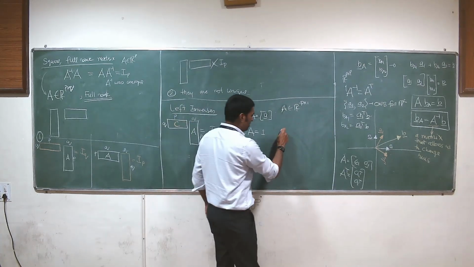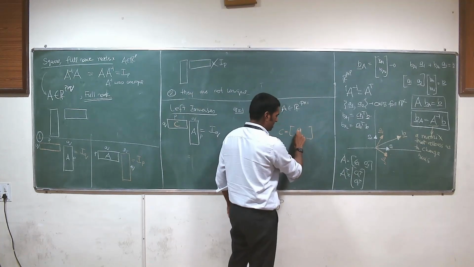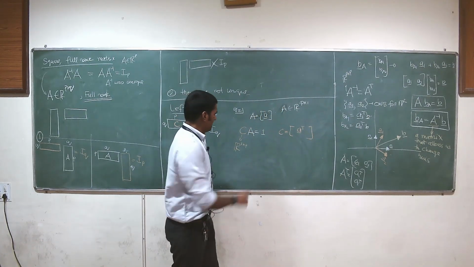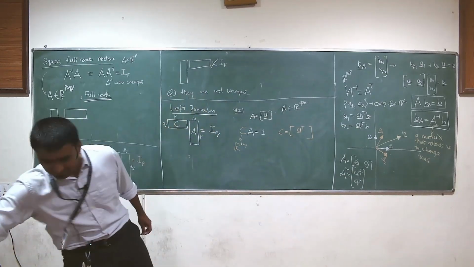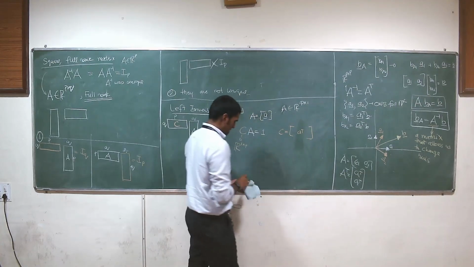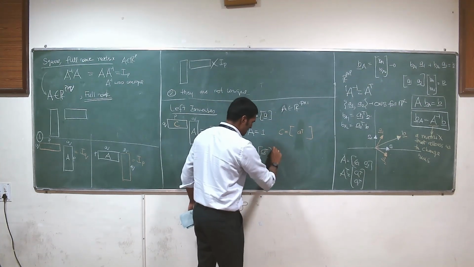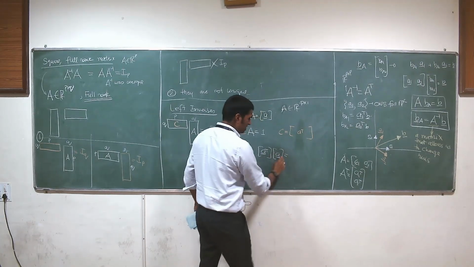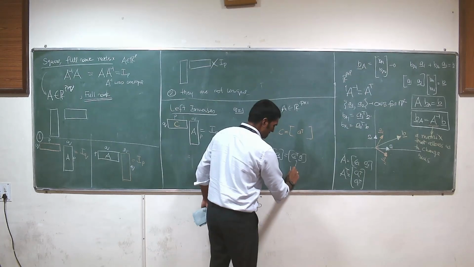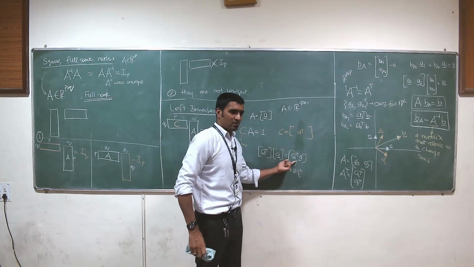In fact, this is quite easy to find. Okay. If you simply form C as this matrix, you take A, you take its transpose. If C was just A transpose, then this product will be A transpose into A. This is nothing but the second norm of A square, some scalar, right?